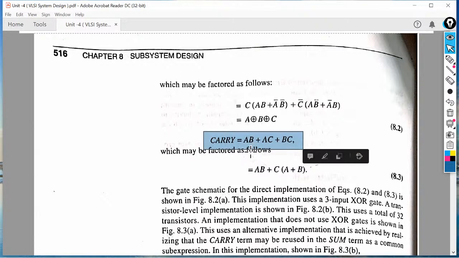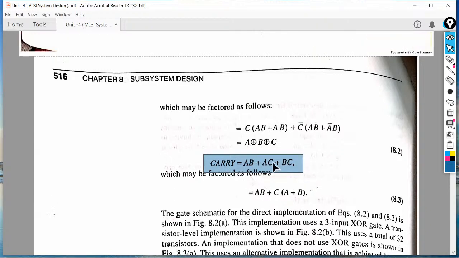We can also factorize this carry term as ab plus c into (a plus b). We can represent the carry term by using this expression, or we can use the expression mentioned below. Why do we change this carry expression into this term?